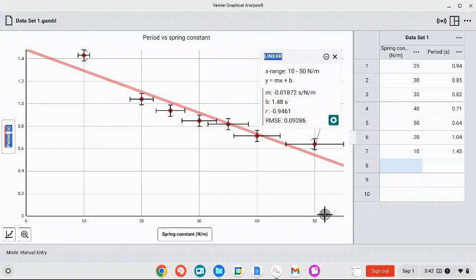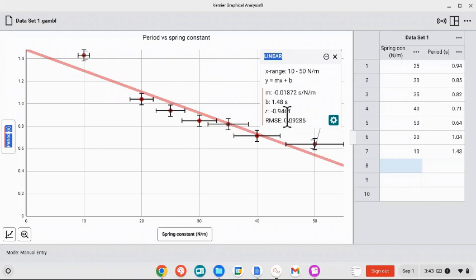When you're fitting data, you always want to think of 2 questions when you fit a curve to your data. Number 1, does it fit? And the second question, does it make physical sense? If we look at the fit, we look at how close the line is to our data points. Does our curve fit within the error bars on each of our data points?